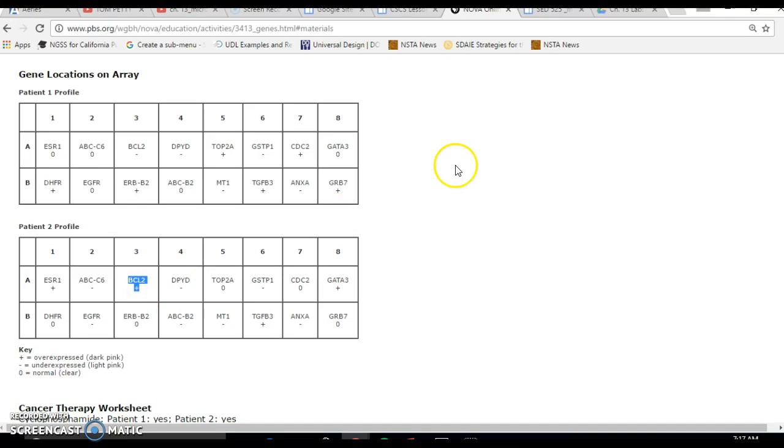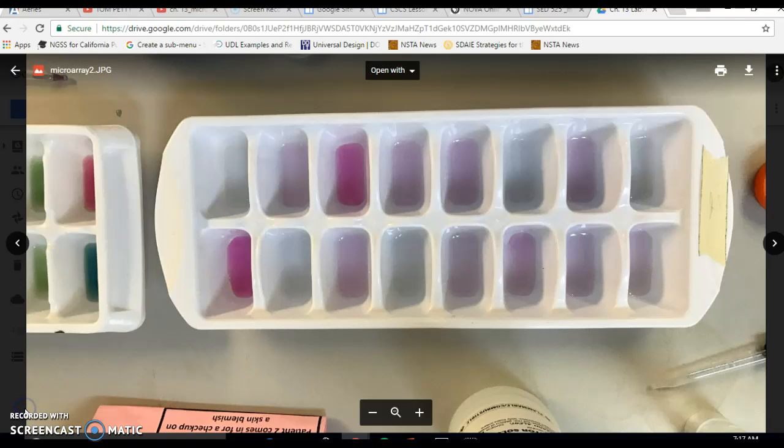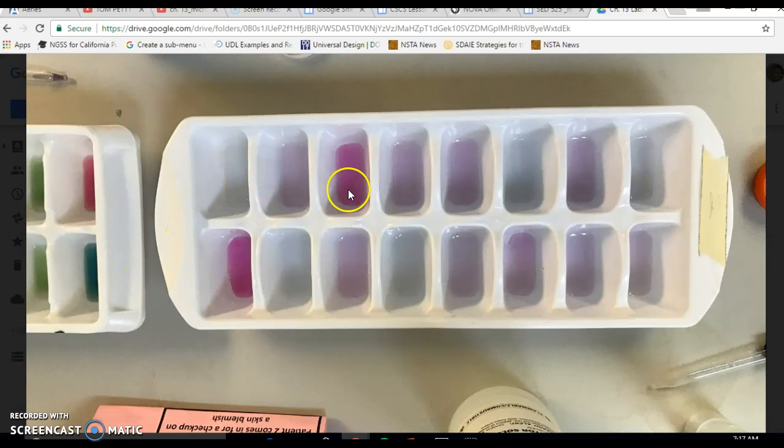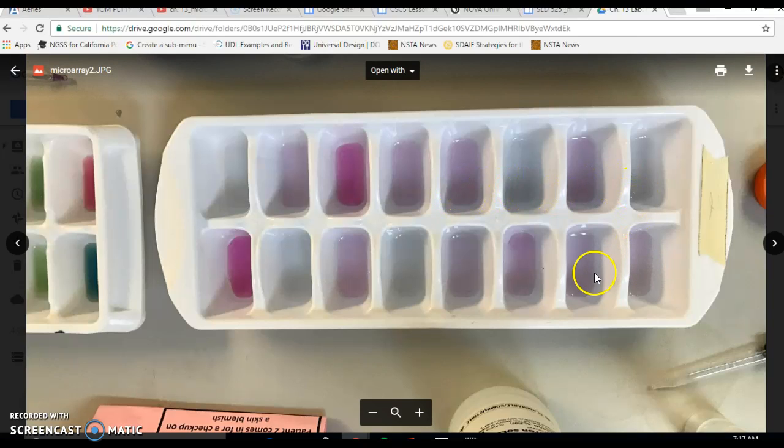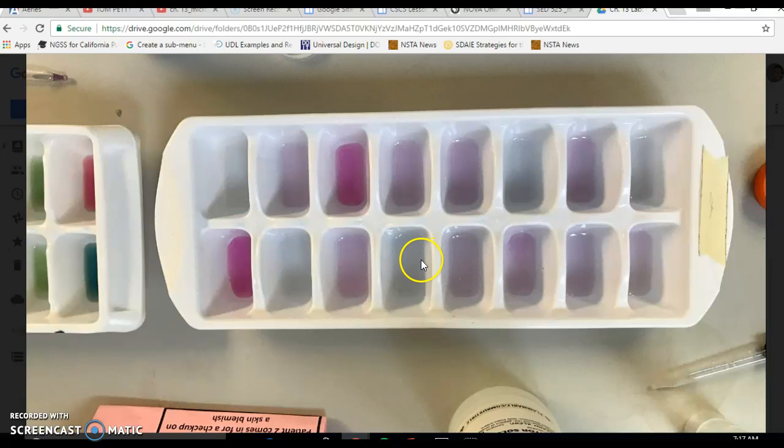Let's look at the real results of what that looks like. So here's a typical result, what you might expect when doing the Nova. And you can see the DNA has been applied, so the DNA sample was applied to each well or each gene in the microarray. But just look at this, how close clear and pink can be, or the various degrees of pink you can have.